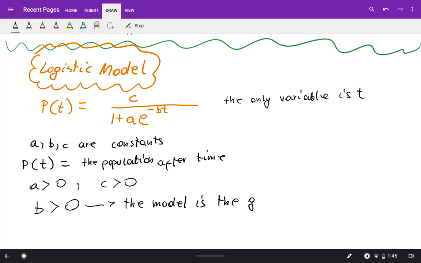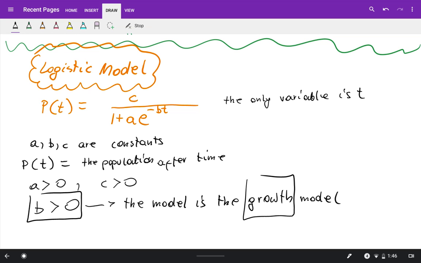So the function will be decreasing. I'm sorry, increasing. Oh my God. Increasing, growth model. So based on B, you're going to know if you have an increasing or decreasing function.